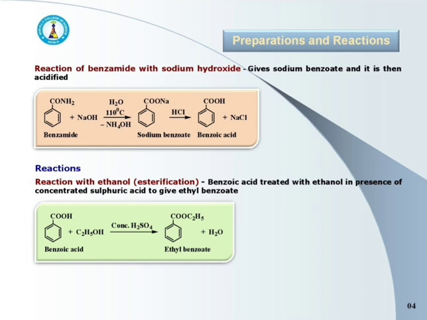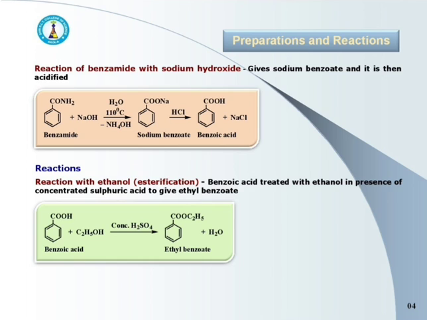Now, the reactions of benzoic acid. We discussed the preparations. Now the reactions of benzoic acid. First reaction is with ethanol, that is, the esterification reaction. Benzoic acid reacts with ethanol in the presence of concentrated sulfuric acid to give ethyl benzoate.